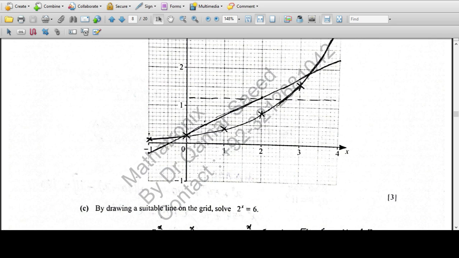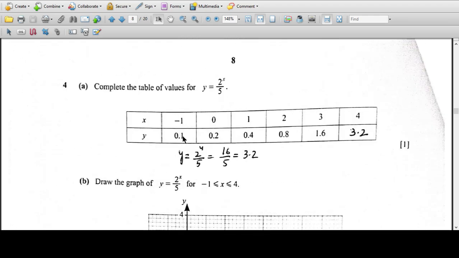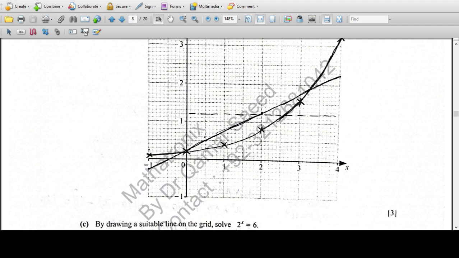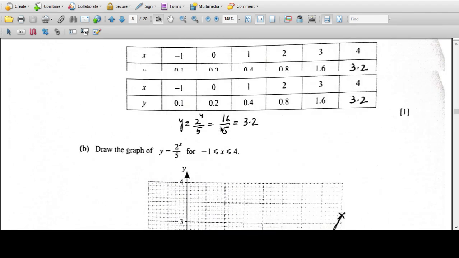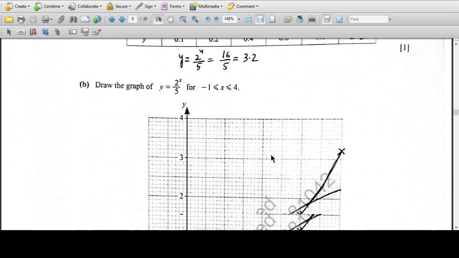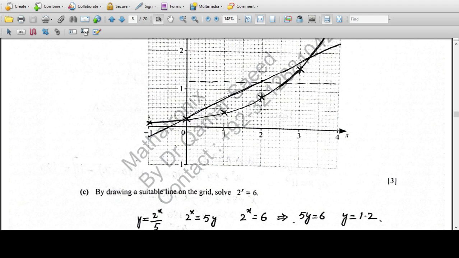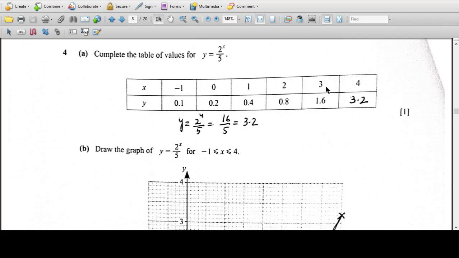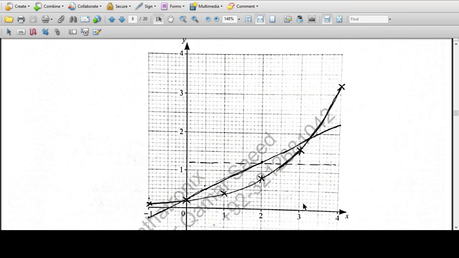This small segment is 0.1, because this is 0 to 1 divided into 10 parts. At minus 1, the value of y is 0.1, which is given here. For x equal to 0, the value is 0.2. For 1, it is 0.4. For 2, it is 0.8. For 3, 1.6.